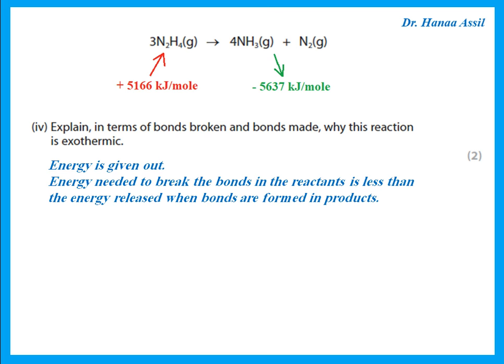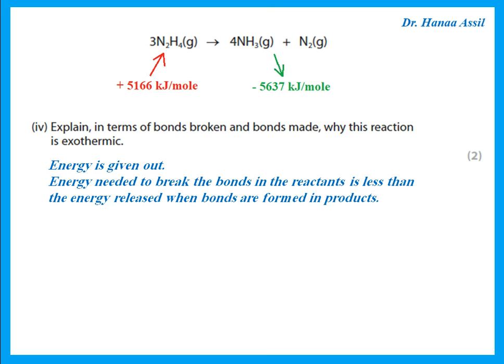Now, that means that the energy needed to break the bonds in the reactants is less than the energy released when bonds are formed in products. Remember, bond breaking is endothermic, bond formation is exothermic. So when we break bonds before the arrow, that is a positive amount of energy being added, endothermic.